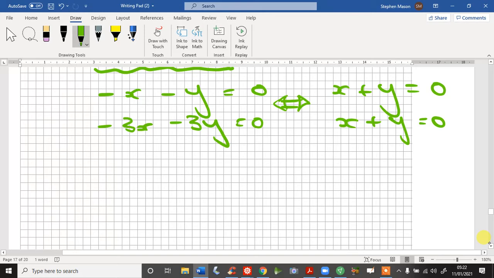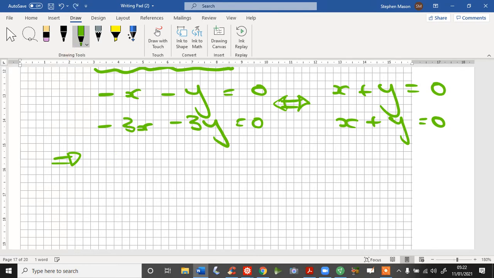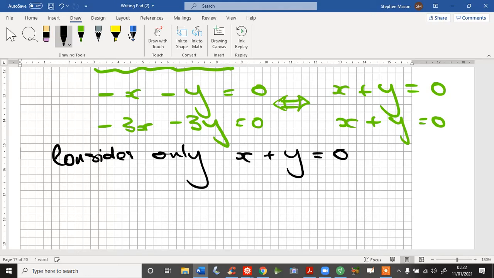So what we do is we just take one of them and consider only x plus y equals 0.